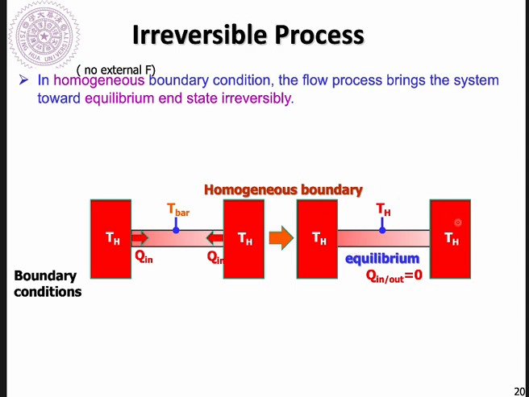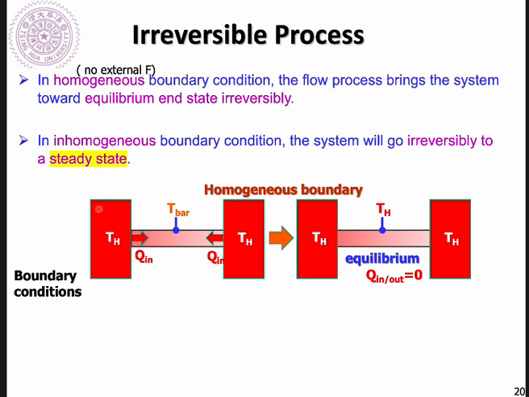Why? Because we do not have an external driving force, right? So this is a homogeneous boundary condition. We do not have any temperature gradient along this metal bar, so that leads the system to go to equilibrium irreversibly.